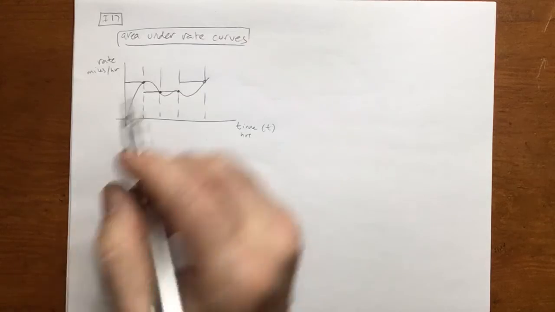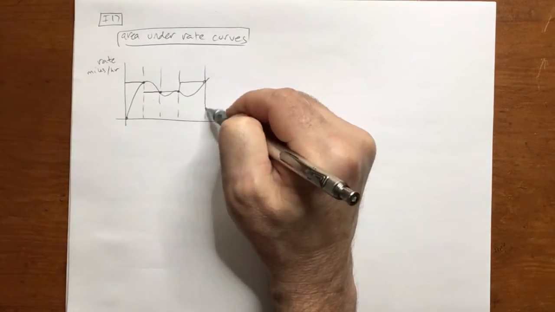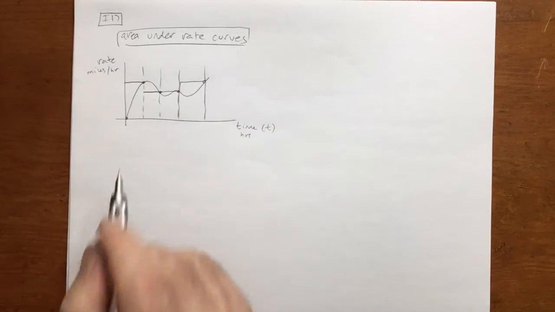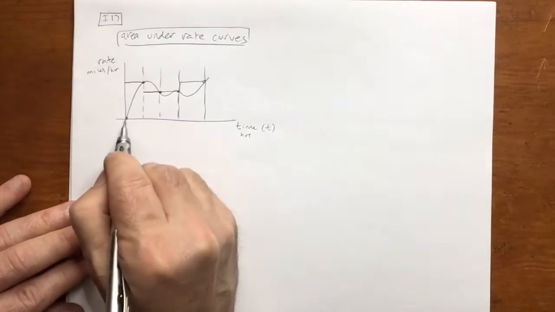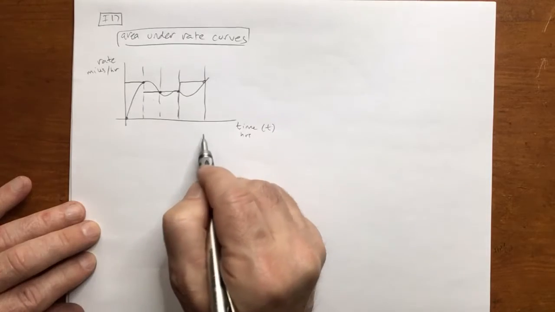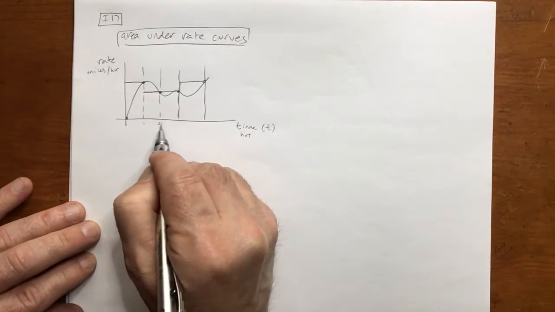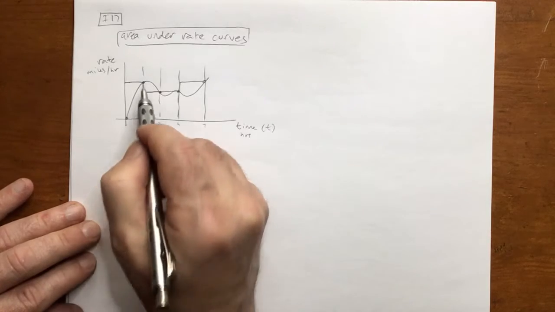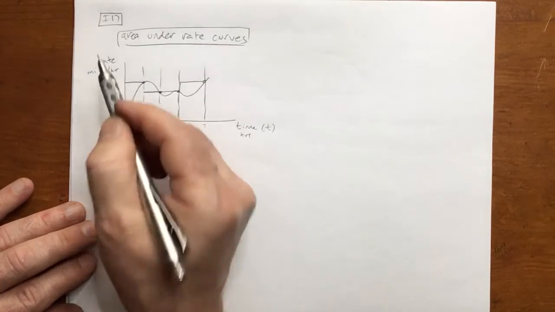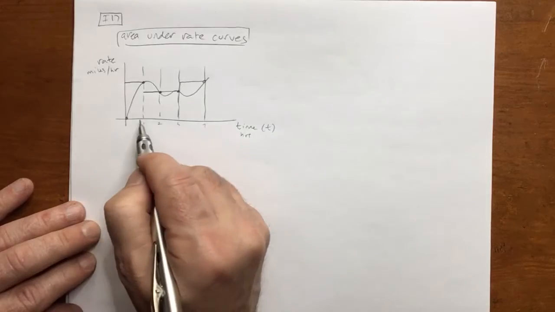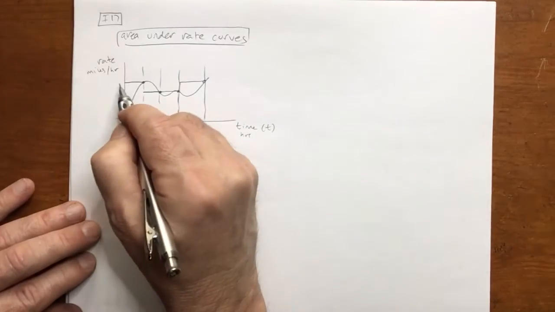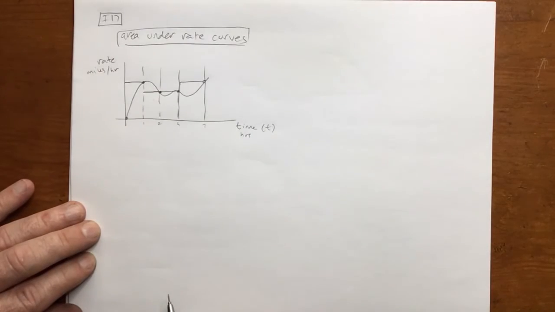But let's talk about what would happen if we found the area of one of these rectangles. The base is some sort of change in time. Maybe this is 1 hour, 2 hours, 3 hours, 4 hours. So this is a change in time. The height is a speed. After 1 hour, how fast were we traveling? Let's say this was 60 miles an hour.